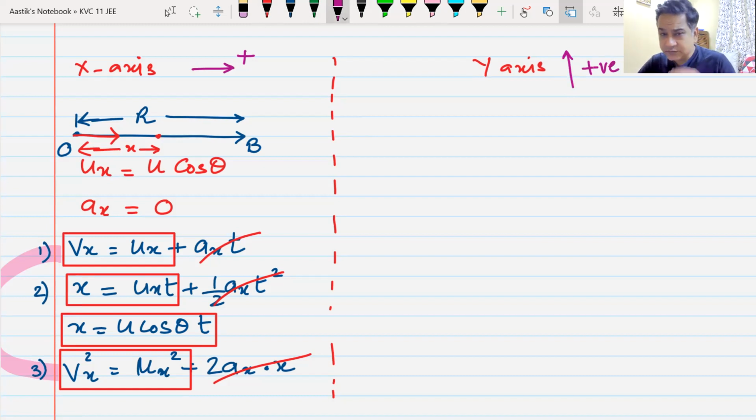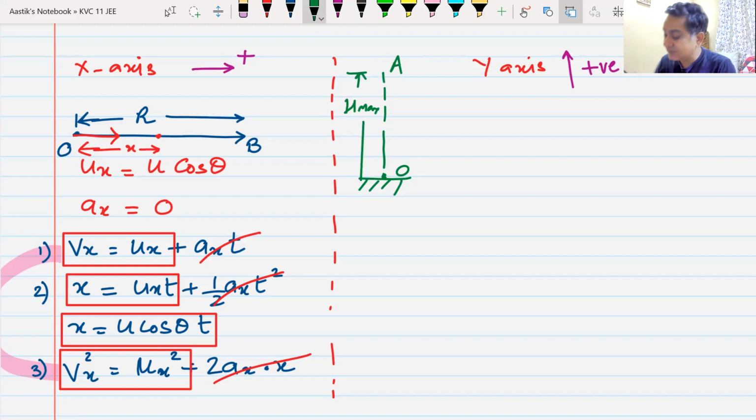Now if you look at just the motion along y-axis, I can draw it like this. So the ball is here, it goes up from, let us say, O to A, the highest point, and it comes back. This is H max.